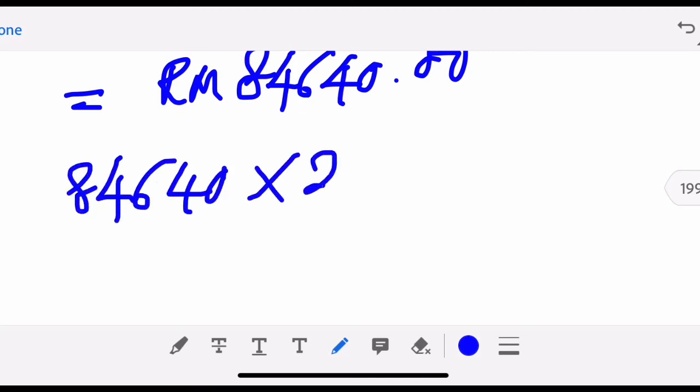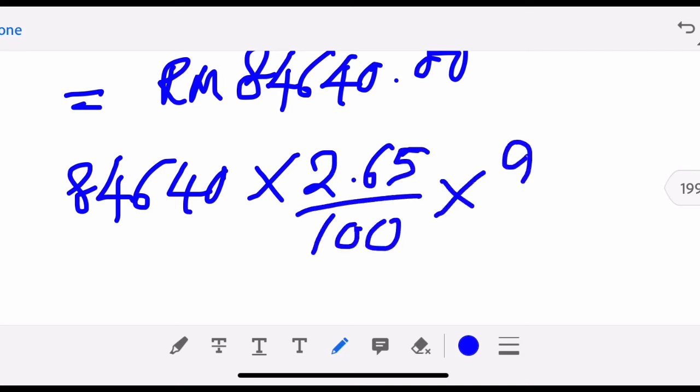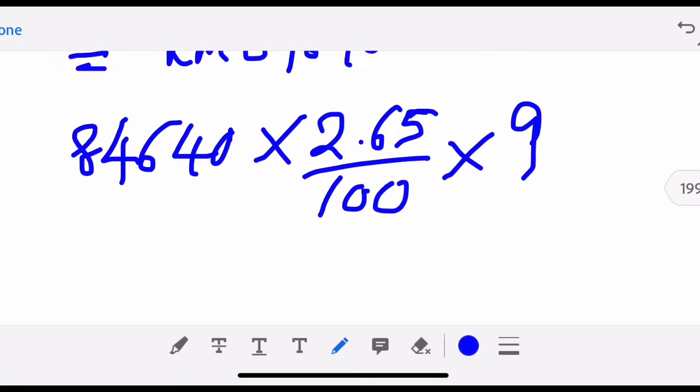So 2.65% times 9 years. Okay, 1 year is 2.65% per annum. So we will take 84,640 times 2.65 divided by 100 times 9, right?